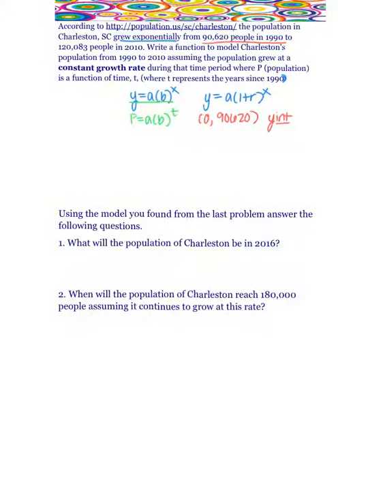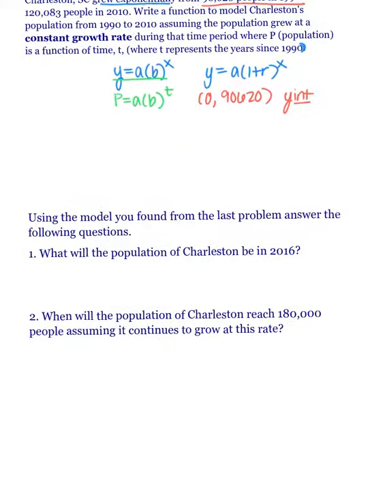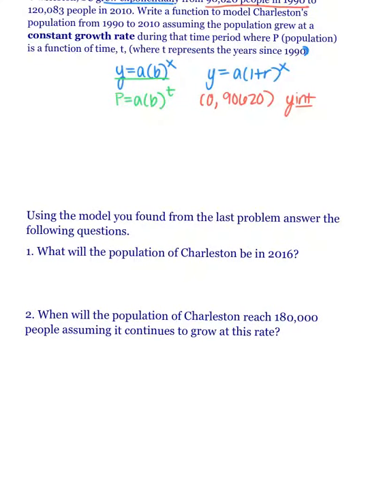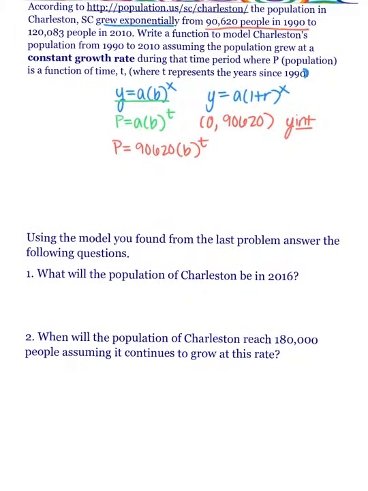So my P is going to be 90,620 times b raised to the t. On the next piece of information, they have told me that the population in 2010, so after 20 years, is 120,083 people.